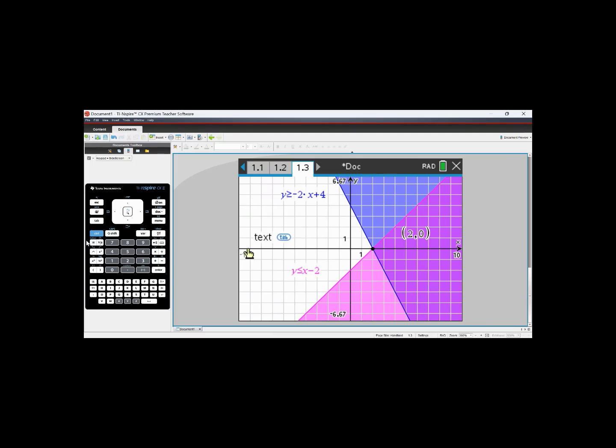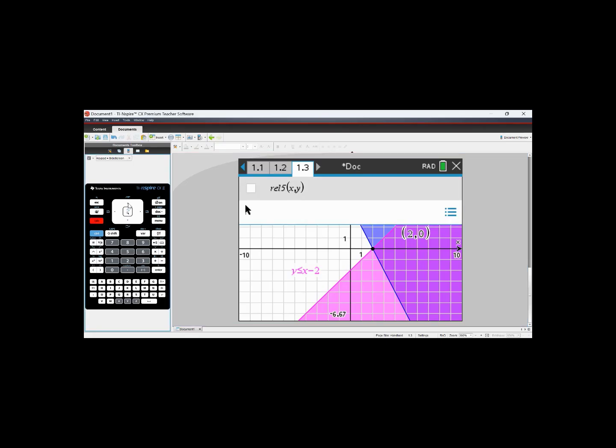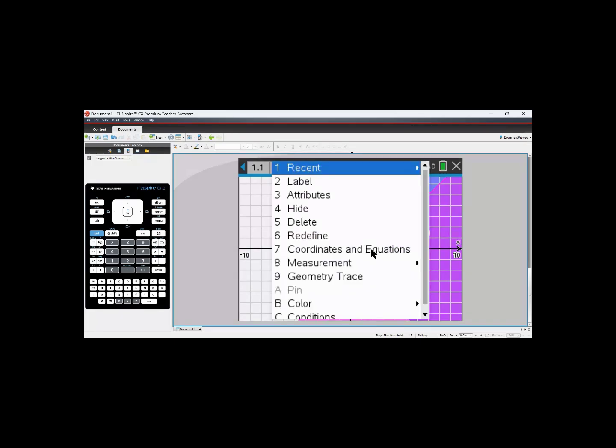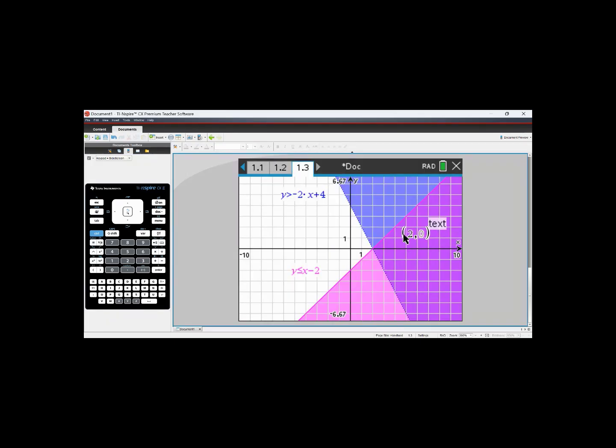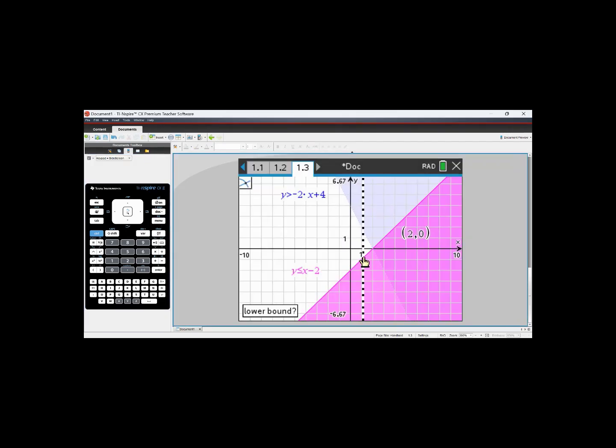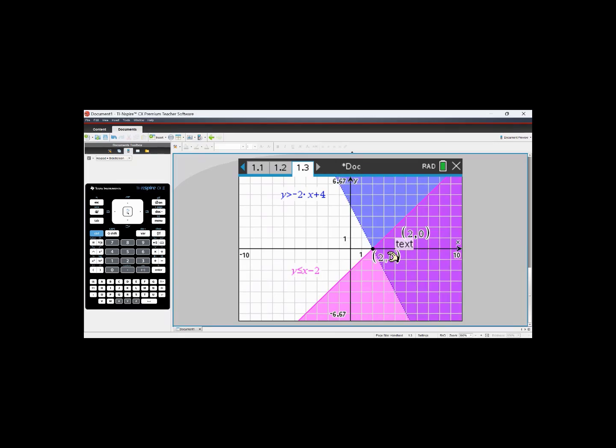Does the same thing happen if we hadn't changed that to a greater than or equal to? So I'm going to tab up, backspace over this, Control Equals, greater than. I'm going to hide this like we didn't do it before. I'm going to do Menu, Analyze, Intersection, left and right, and look at that.